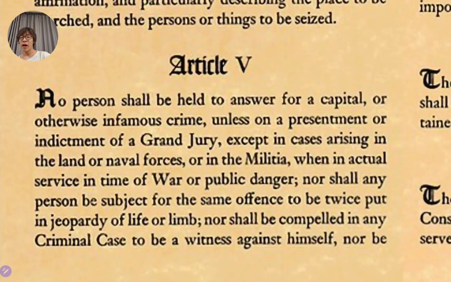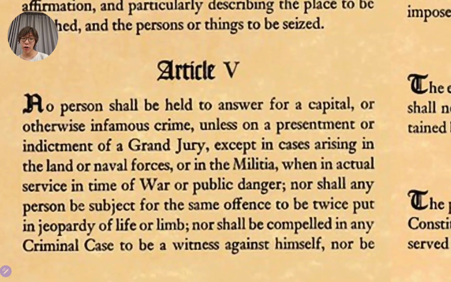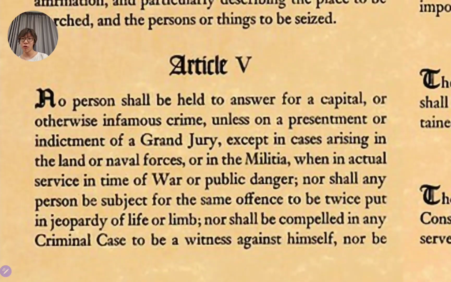And in Article 5, this is where your I plead the fifth comes in. This is where a person can choose to stay silent. You're not required to answer questions. And not lots of people really know about their own constitution, so policemen are required to state your rights, such as, you have the right to remain silent.